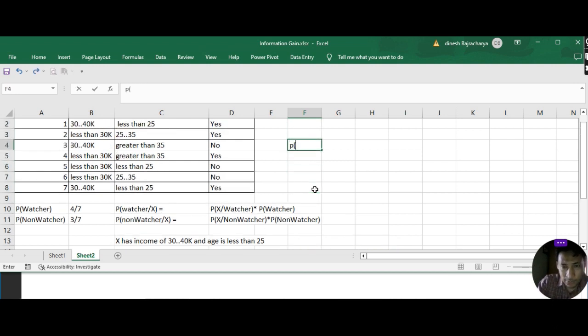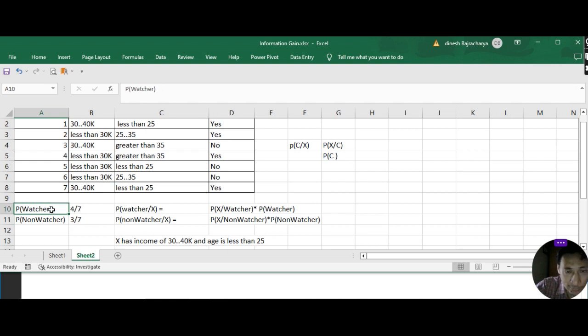First, the probability of C conditioned on X, because we have already seen X and been given some values about X. There are two classes, so we calculate the probability of watcher given X and the probability of non-watcher given X. To calculate this, we need the probability of X conditioned on C and the probability of C only. So we have to calculate the probabilities of the two classes, watcher and non-watcher.